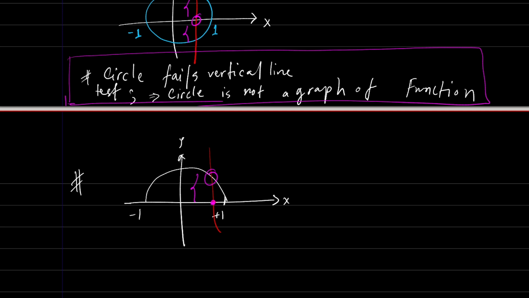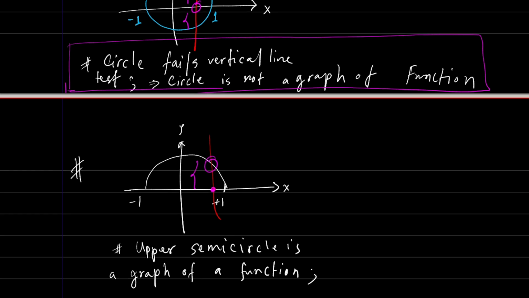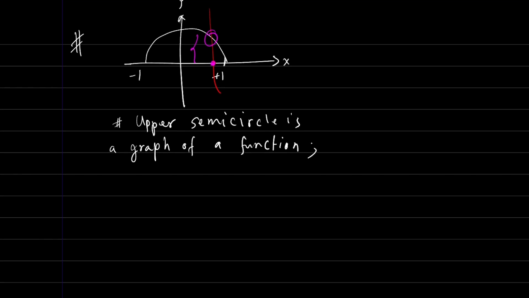So this is a function, and so we can write that the upper semicircle is a graph of a function. The function is y is equal to plus square root of 1 minus x square.